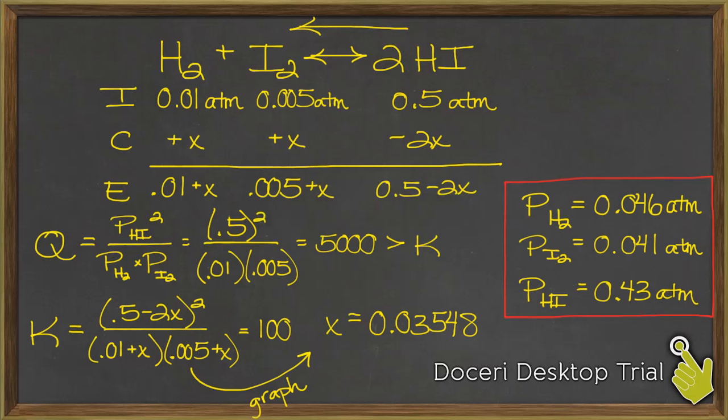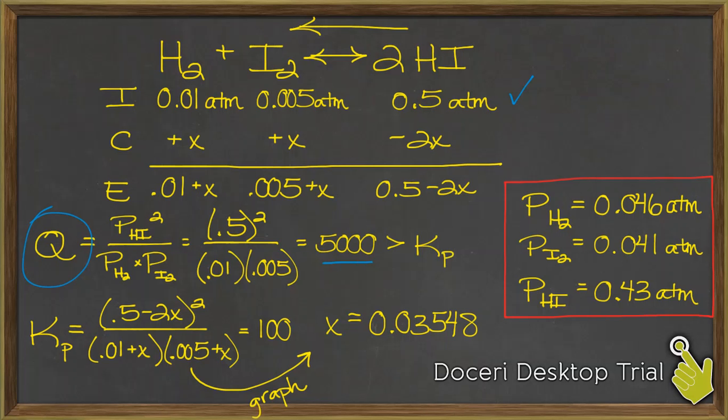And I know there's a lot going on in this slide, so let me talk you through it step by step. The first thing I did was write down all of my initial conditions on that line. And then I came down here to calculate a value for Q, which I found to be equal to 5,000. We were given the value for K, and let me be specific, that was a Kp value.